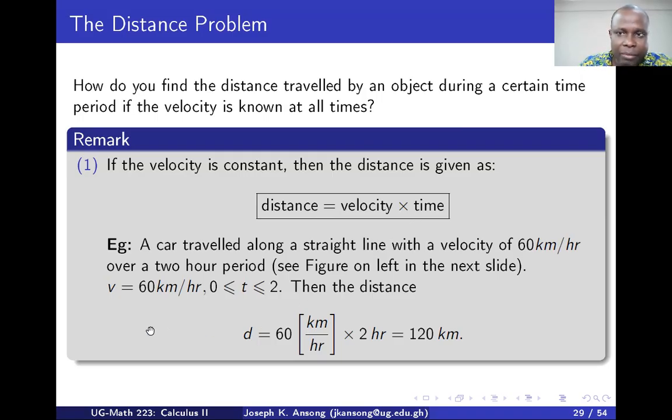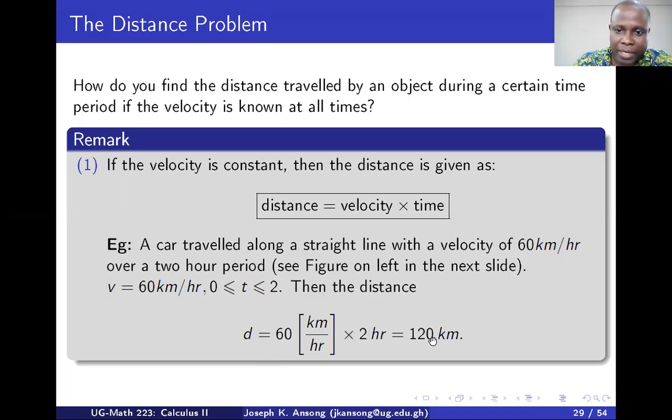So here's a simple example. If a car traveled along a straight line with a velocity of 60 kilometers per hour over a 2-hour period, see a diagram in the next slide. If the velocity is this, and time is between 0 and 2 hours, then the distance will be equal to the velocity, which is 60 kilometers per hour, multiplied by the 2-hour duration.